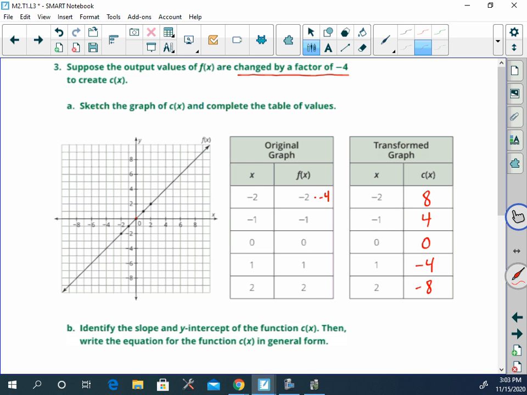We can plot all of those then. And then we're going to draw our line through those, and we're going to make sure we label it here. So this is C of x.